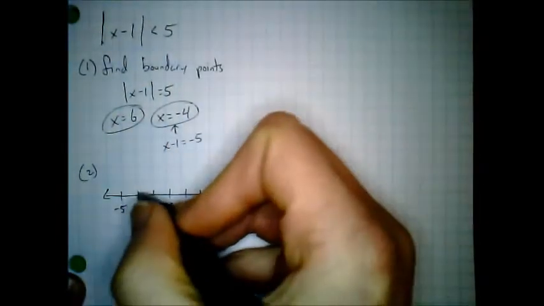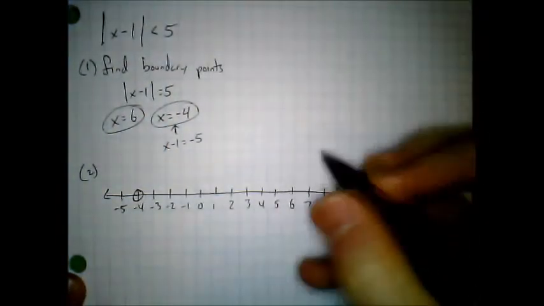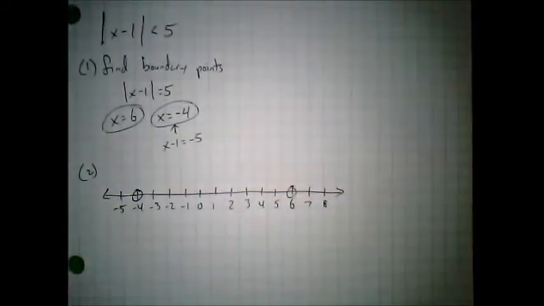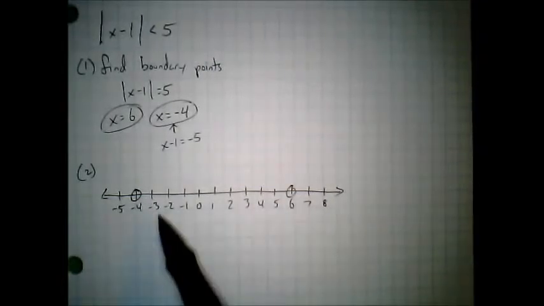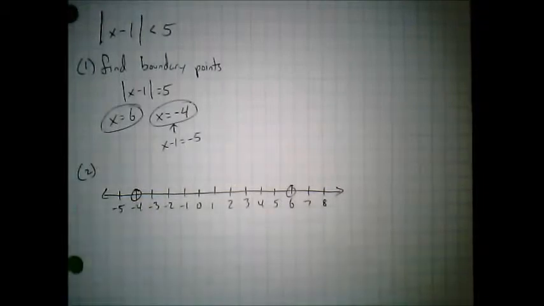It's just less than, so these are both open. So if we want the absolute value of x minus 1 to be less than 5, we've got to figure out, are we going to be shading in between these 2 boundary points or on the outside of these 2 boundary points? Now you're going to learn very quickly once you do these problems and pay attention to how the problem relates to the solution, how to just jump to the answer right away. But let's just work through our steps.